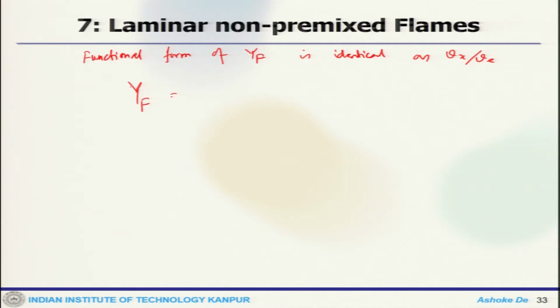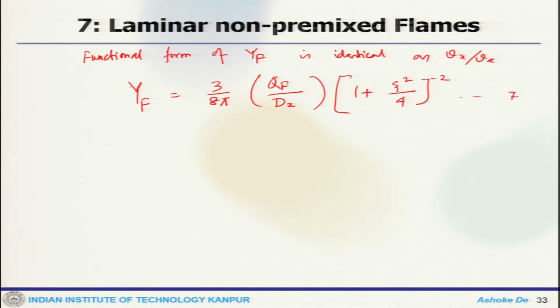So, we can write Y_F equals 3 by 8 pi, Q_F by D x, divided by 1 plus xi square by 4, where the fuel flow rate is Ve pi r square. So, this is your volumetric fuel flow rate.